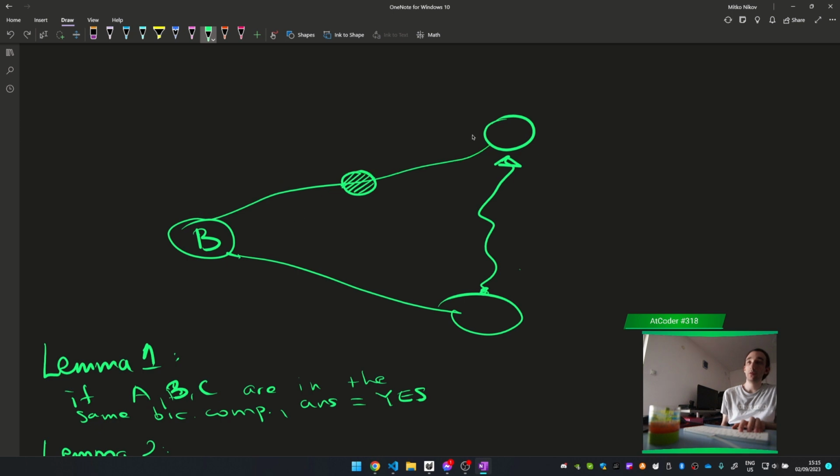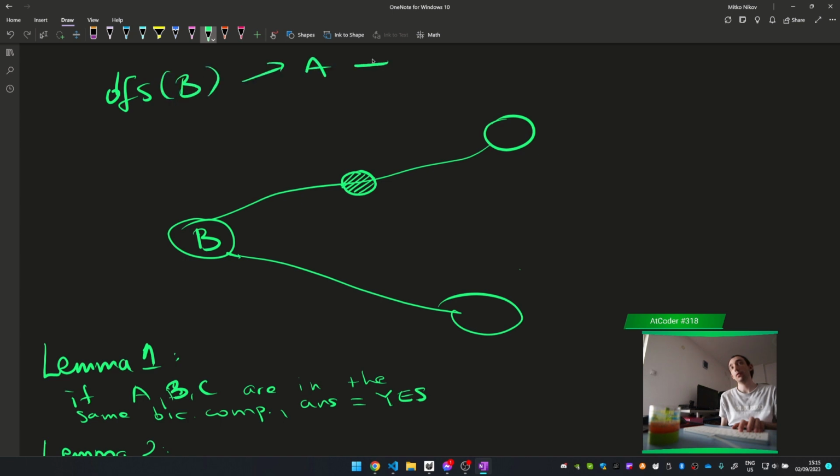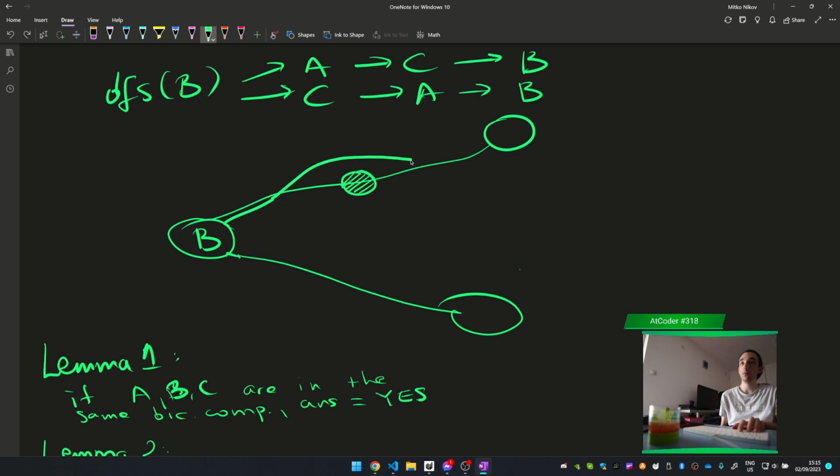If I don't reach B, so I have to reach A. So the DFS from B has to reach A, and then has to reach C, then has to reach B again. Or it has to reach C, then A, and then however you look at it. Or it goes to A, and then returns back, and then from here goes to some other path, and then goes to C.